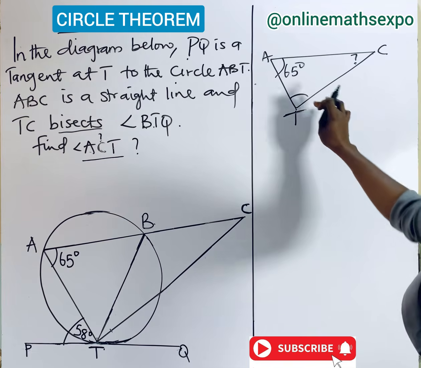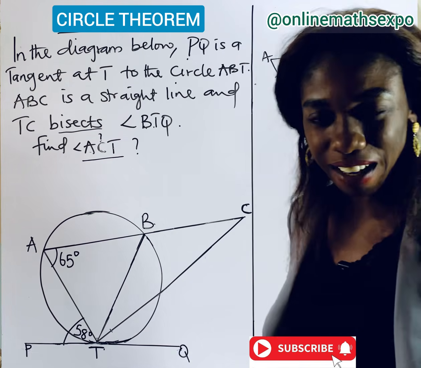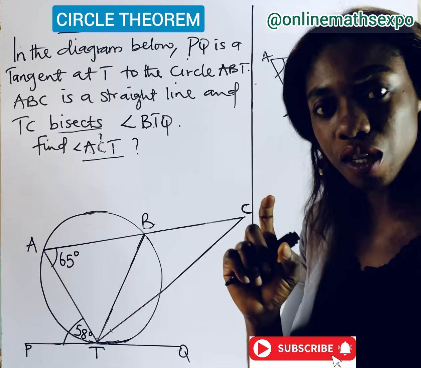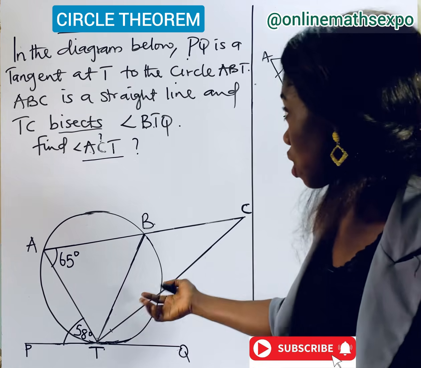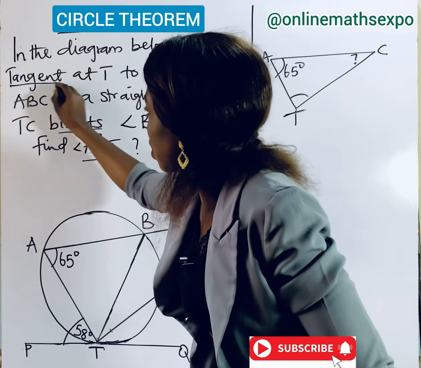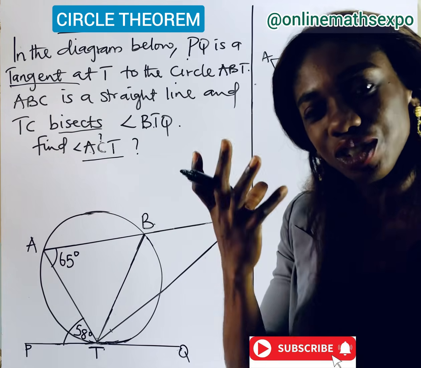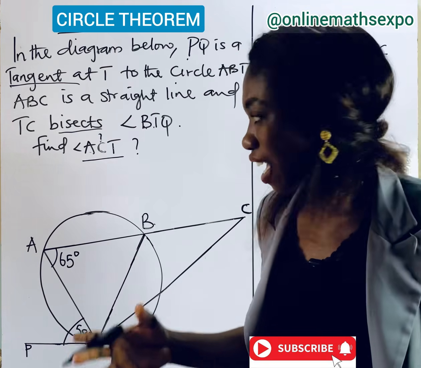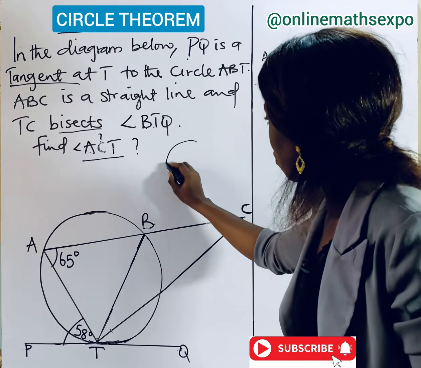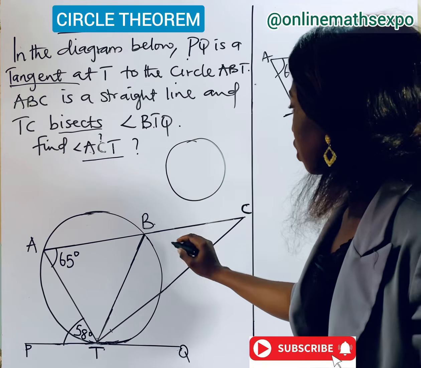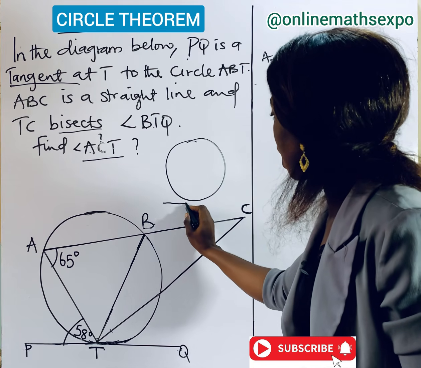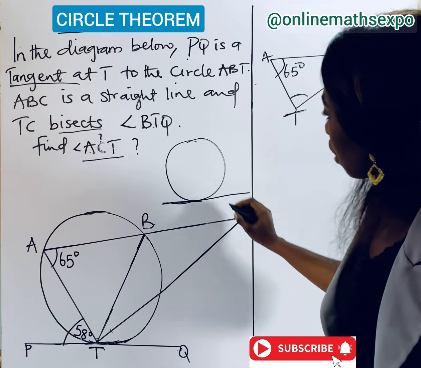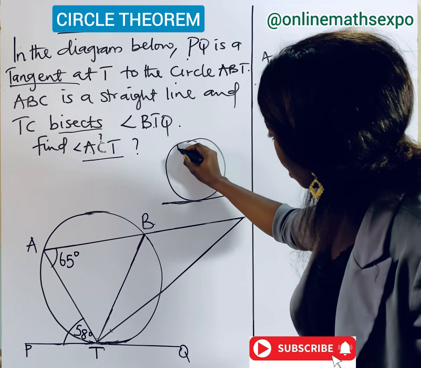Now, let's see how we can get this angle from the given diagram. Let's look at that question again. One thing that is very important or special about this question is we have heard this word tangent. So when you hear of tangent, remember the theorem that regards tangent. And what is that theorem? The theorem says if you have a circle drawn and there is a line, just like we have said, the tangent, then the point of intersection of this line and a chord.